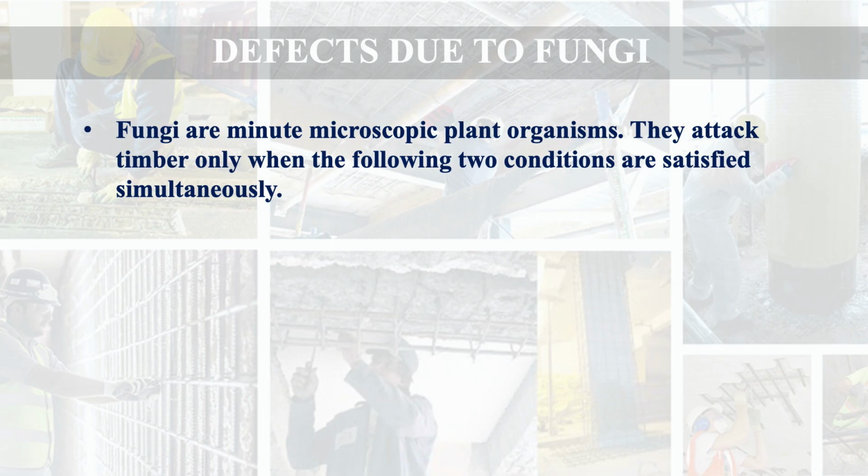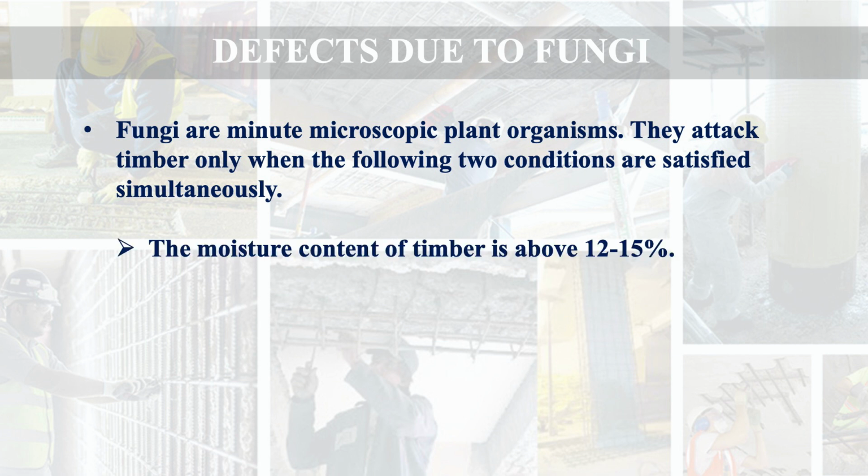Now let us see what are the different defects due to fungi. First of all, what is a fungus or what are fungi? Fungi are minute microscopic plant organisms. They attack timber only when the following conditions are there. First is that the moisture content of timber is above 12 to 15%.